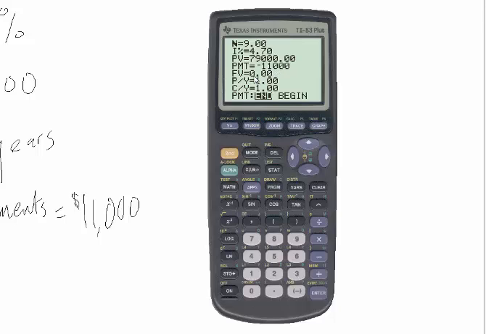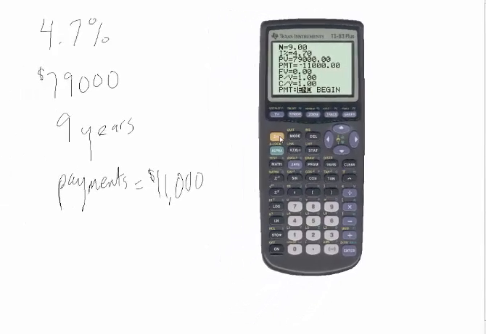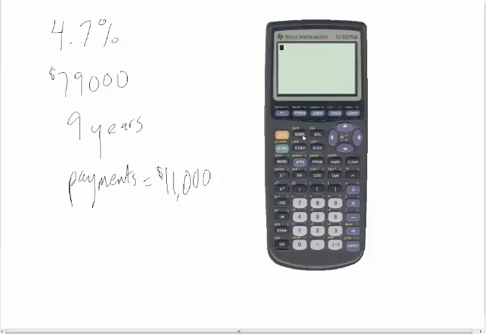Future value means you want the loan to get to 0. Payments per year, 1. Compounding per year, 1. Okay? So that's your problem setup. And we'll do second function, quit, and then go to y equals. And we're going to set up equations.